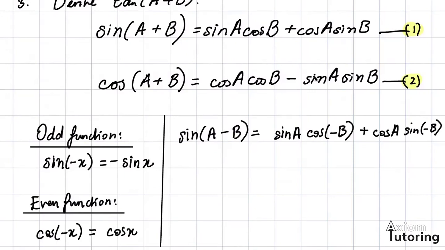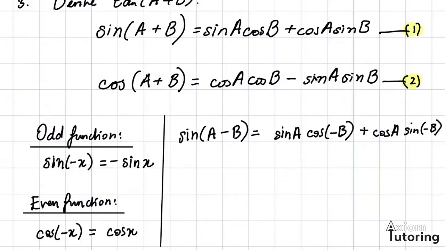So because we said our cosine function is an even function, cos of minus b is just going to be cos b, and then sine of minus b, well, since sine is an odd function, if we put minus b inside the sine function, that negative sign will come out in front.